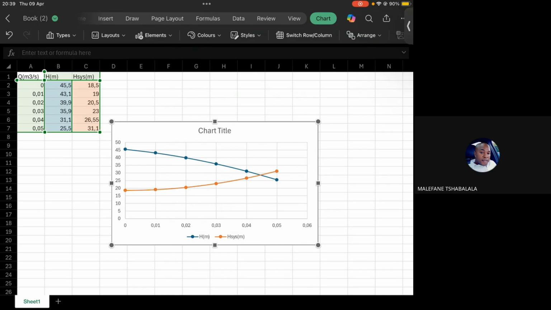From here, you can see that along the x-axis I've got H in m and H system in m.